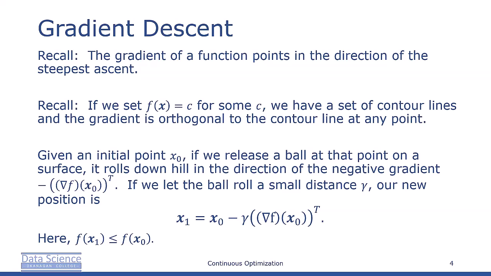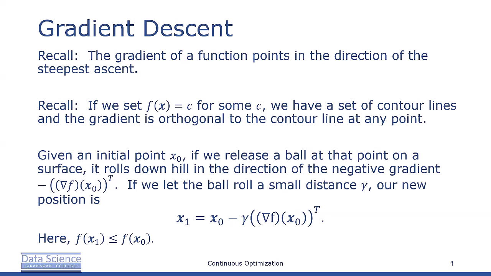So if we consider multivariate functions and we imagine a surface and a ball starting at a particular location x0, when the ball is released, it'll move downhill in the direction of the steepest descent. Gradient descent exploits the fact that f(x0) decreases fastest if it moves from x0 in the direction of the negative gradient.